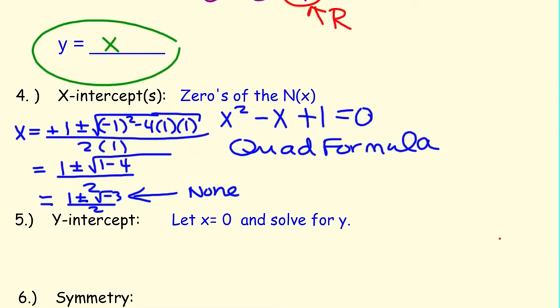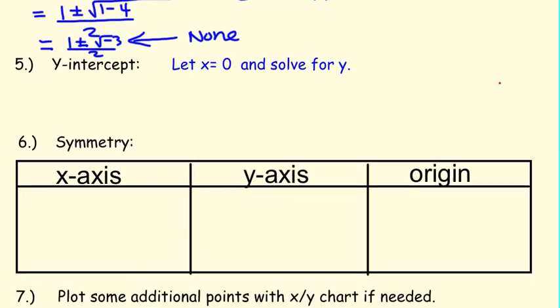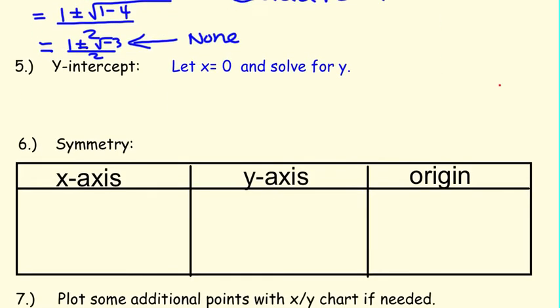For the y-intercept, we set x equal to 0 and solve for y. So here's our function, just replacing that f of x with y.